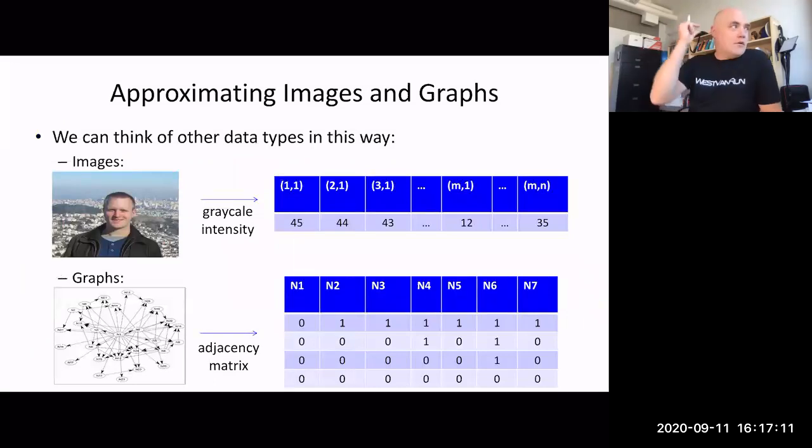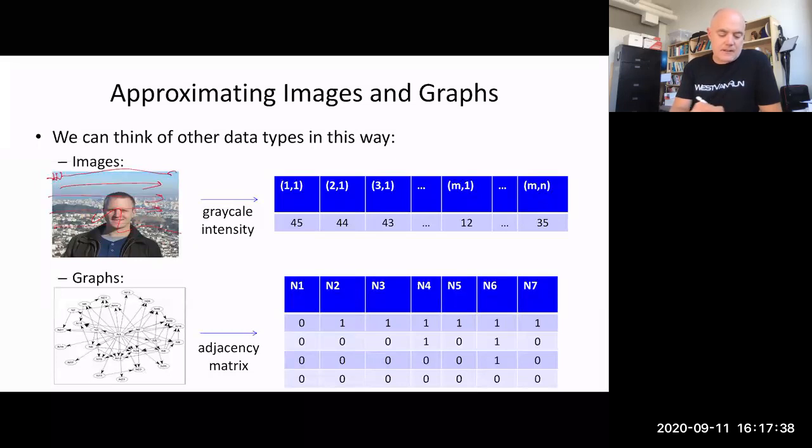We can also represent images or graphs as vector representations. One way to think about images: forget that this is a color image, and think of it as a grayscale image. Take the first pixel value, the second pixel value, and so on, and flatten the entire image by taking one row at a time.